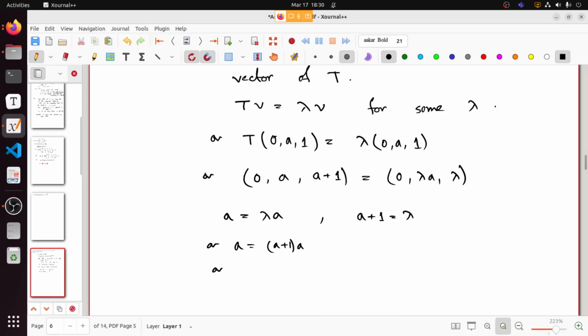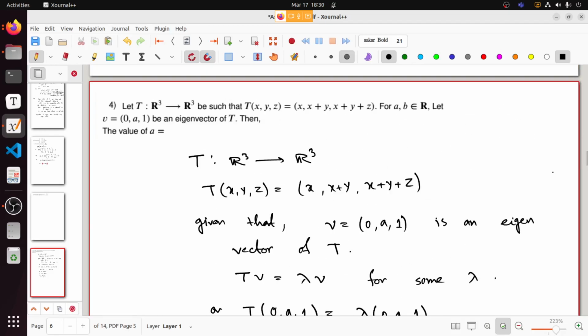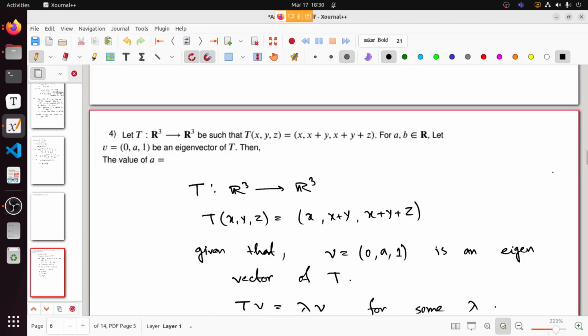So what is this? a equals a square plus a, or you get a square equals 0, which implies a is again 0. So you get a equals 0. So we have to find the value of a. So what we get? a is 0, right? So the value of a is 0. This is the answer. So question number 4 is done.